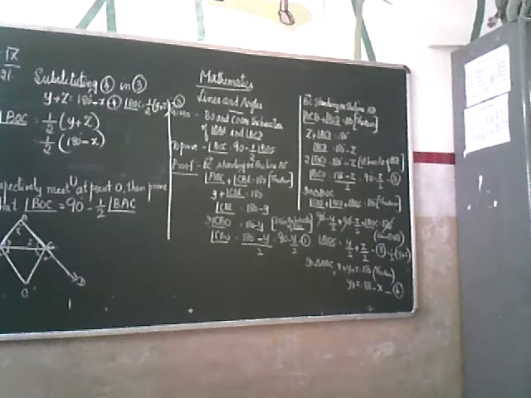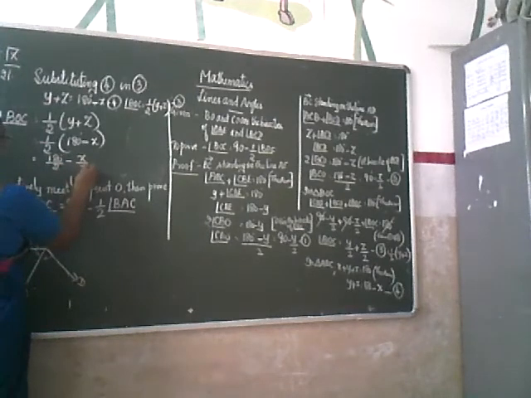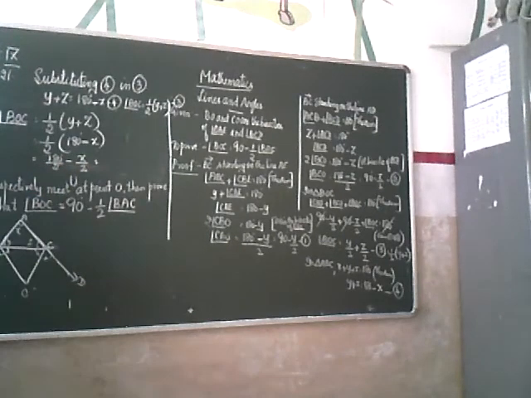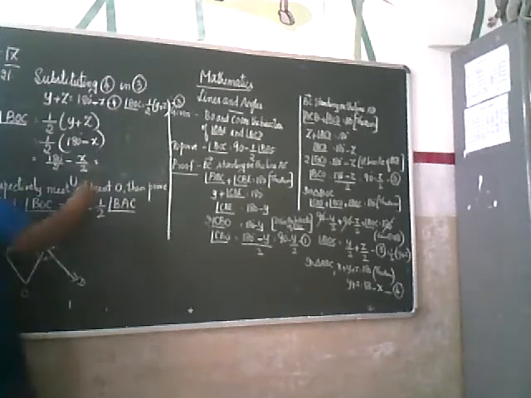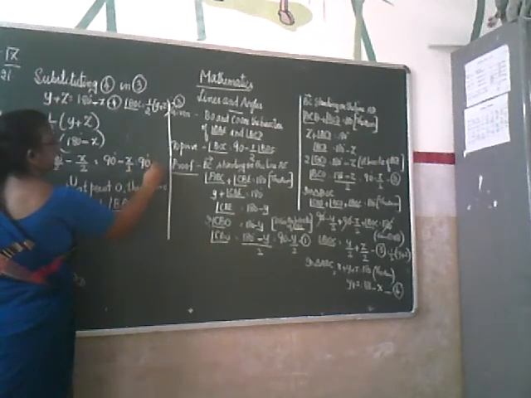Okay. So I have substituted now. So what is 180 by 2 minus x by 2? What is 180 by 2? 90. Very good. 90 minus x by 2. So 90 minus half of x.